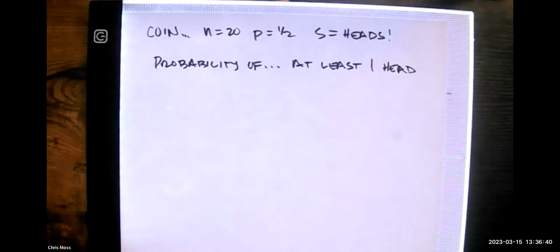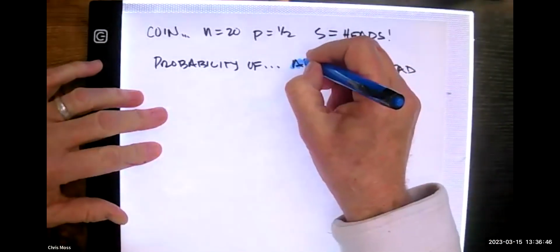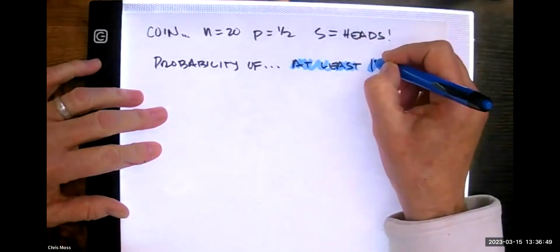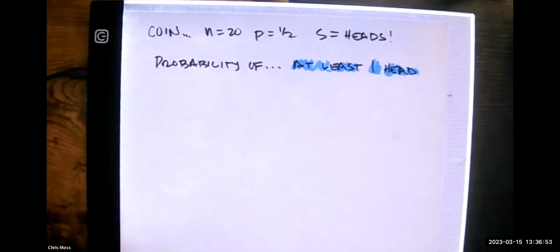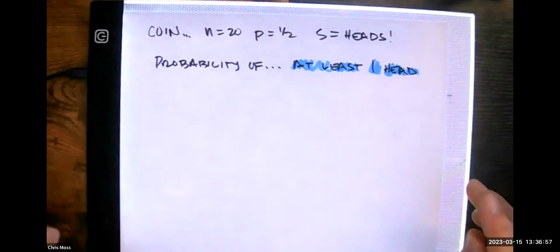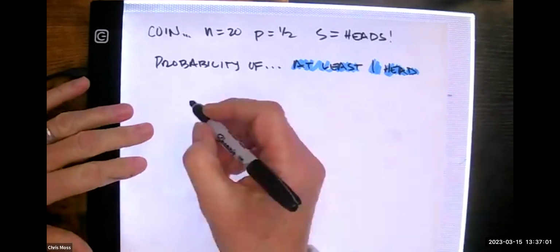Now, this is a very common setup. Very often, we want to know the probability of at least one of something occurring, especially if it's a bad thing. We want to prevent that from happening. So we like the probability of at least one as a very common question.